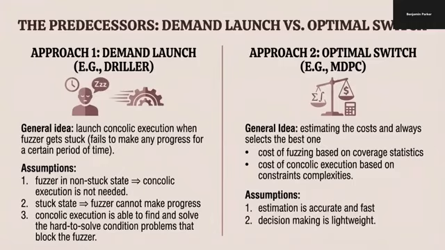Essentially, if it fails to make any progress for some period of time, in this instance 100 seconds, it will bring in the concolic executor to take over, giving it all the branches that the fuzzer left off on. This undergoes a few key assumptions though.